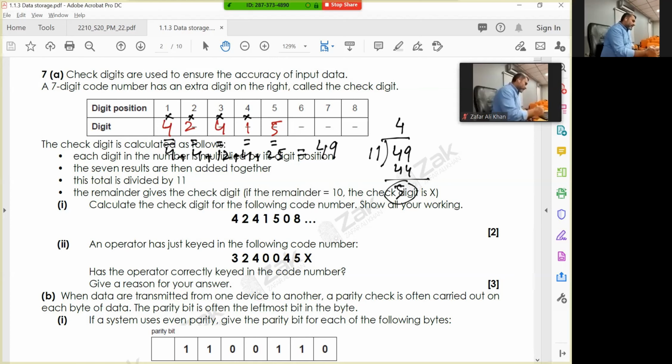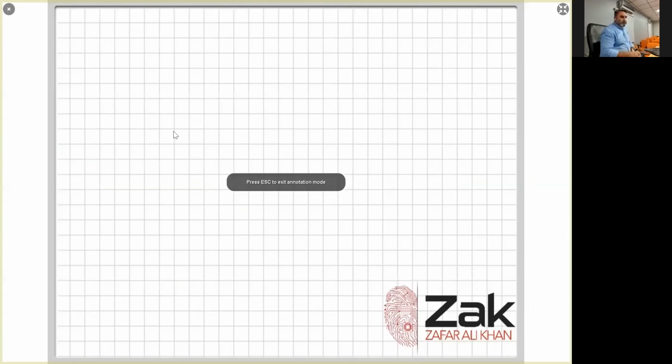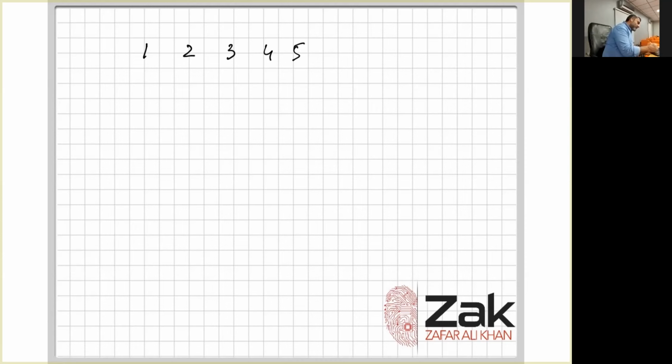So let's say if we have a number with a check digit, which is, let's say, 1, 2, 3, 4, and 5. So this is the original number, and this one is the check digit.